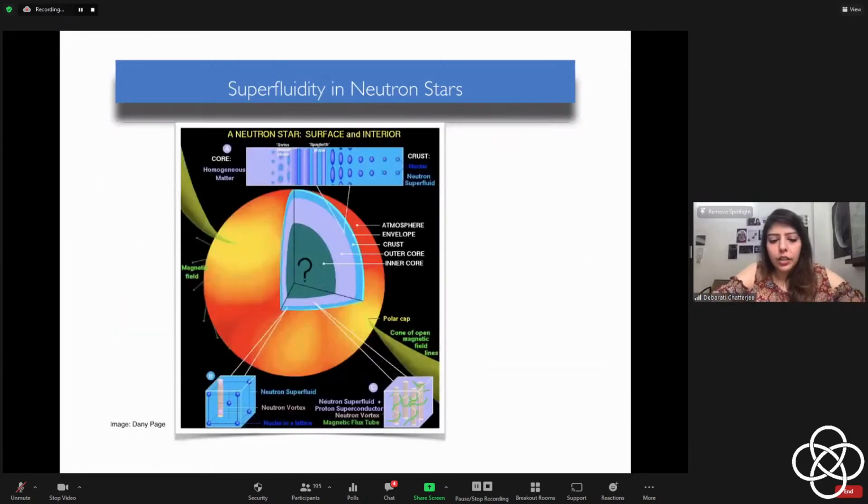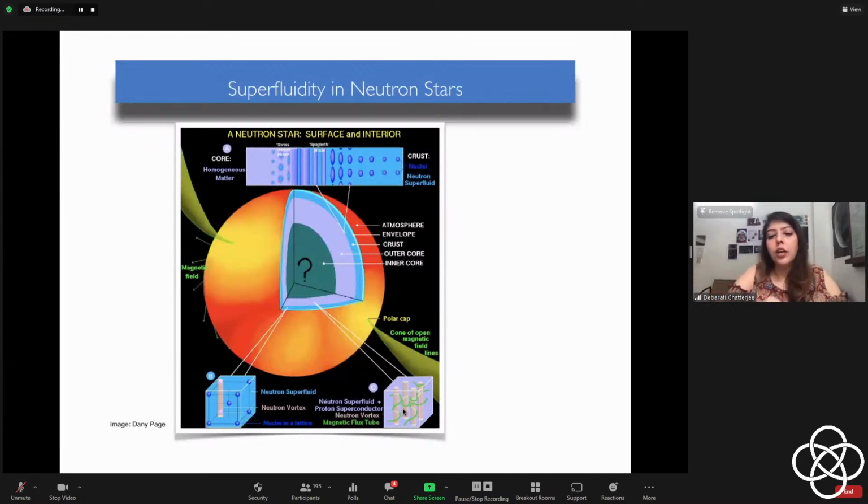So just to give you a picture, you see here this cartoon. This blue layer is the crust, and in the crust you have this neutron superfluid and these vortex lines pinning to nuclei in the lattice. On the other hand, this is the outer core, where you can have neutron superfluid, proton superconductor, neutron vortex lines, and magnetic flux tubes.